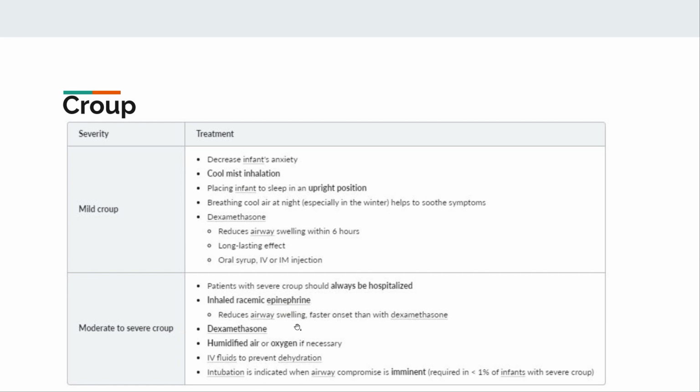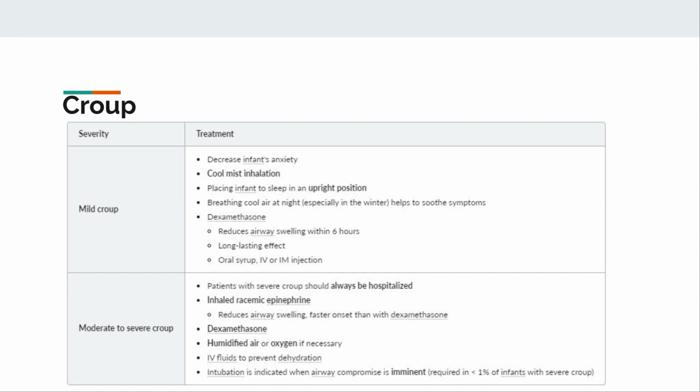If things are a bit worse, then you can consider nebulized adrenaline. The purpose of that is that the adrenaline will cause vasoconstriction of the blood flow into the inflamed area, and that will reduce swelling. So both treatments together will reduce the upper airway swelling.